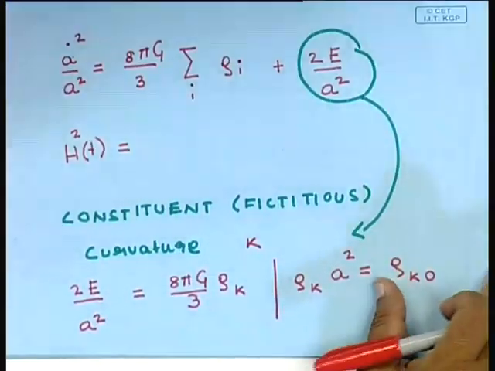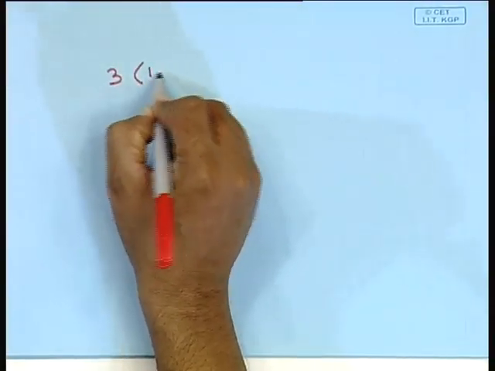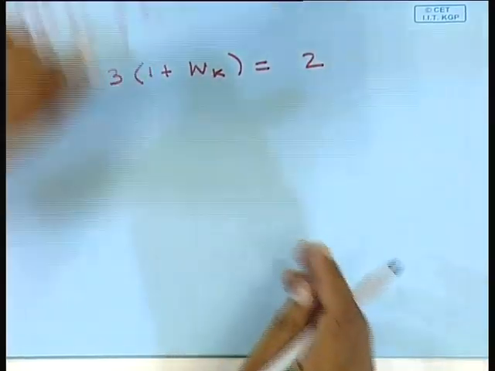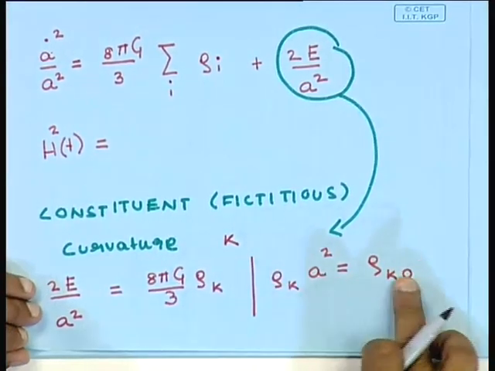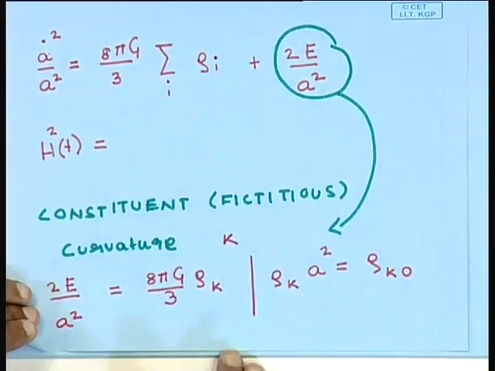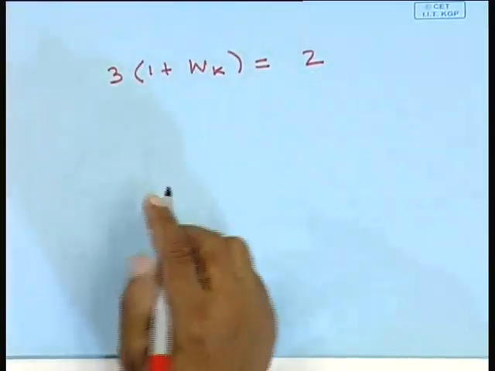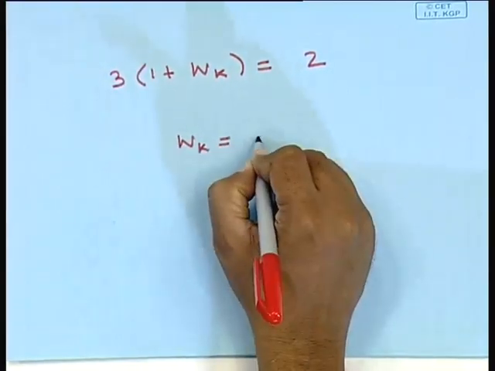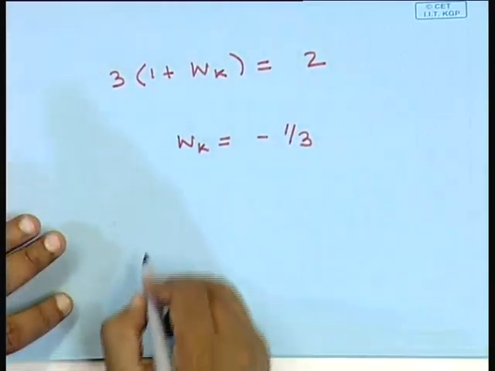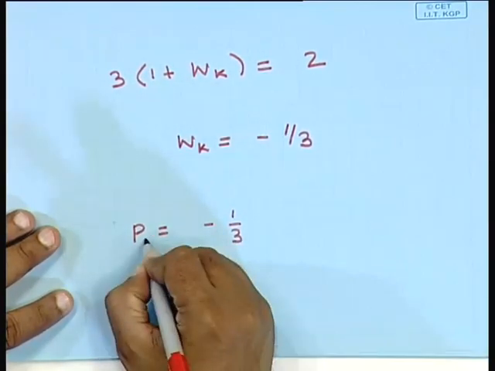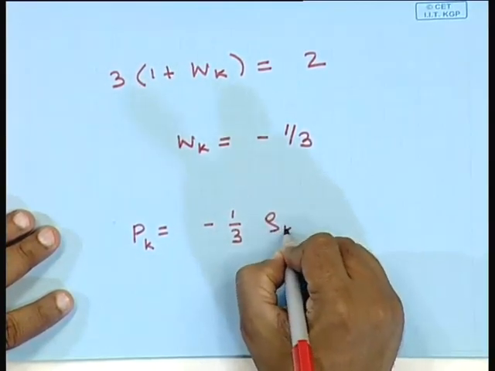So, for curvature, 3 into 1 plus W curvature should be equal to 2, because we want the curvature component to satisfy this relation, because that is the term that occurs over here. It has a 1 by a squared. Now, if you want this condition to be satisfied, it tells us that W curvature should be minus 1/3. So, for this curvature component, the pressure is equal to minus 1/3 rho curvature into c squared.